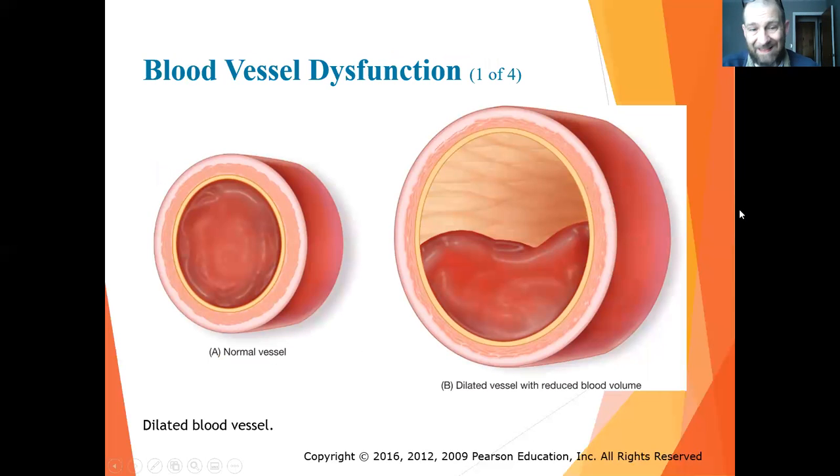On the left, we see a normal blood vessel filled with blood. It's constricted a little bit, and doing that helps the blood to flow. On the right, we see a blood vessel that has a loss of tone. Same amount of blood in there, but we can see how much bigger the blood vessel is. When this happens, like we said, the blood pressure drops precipitously.